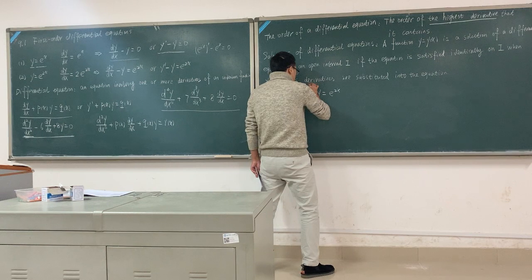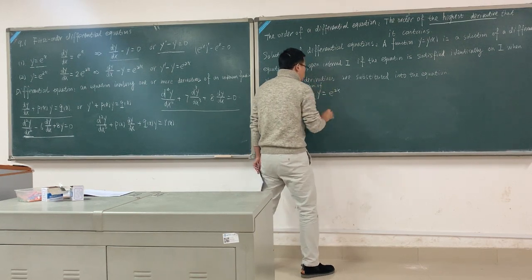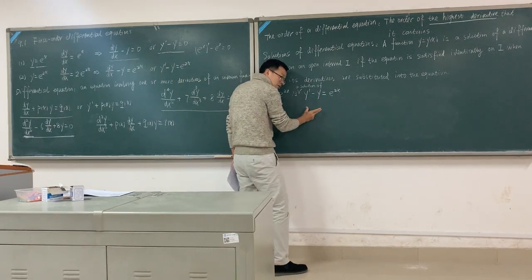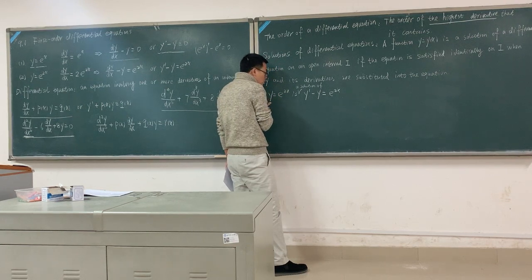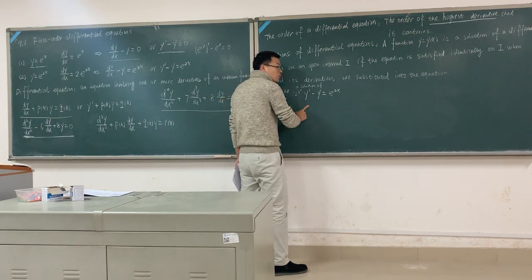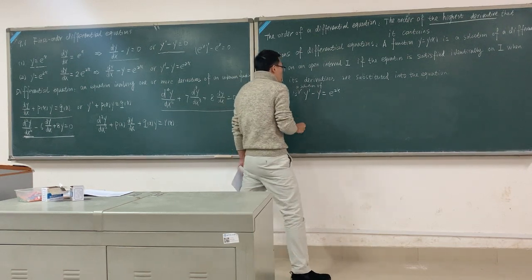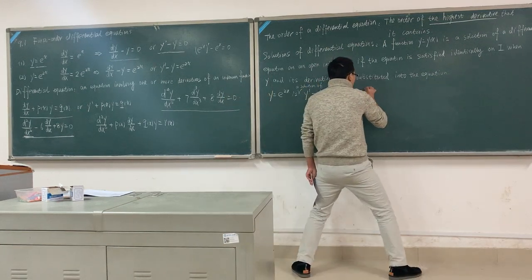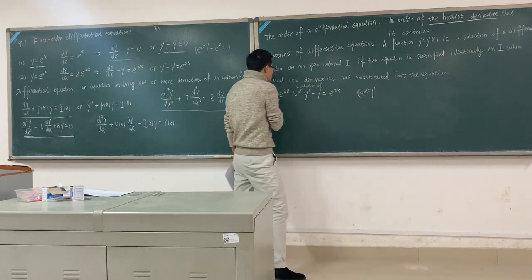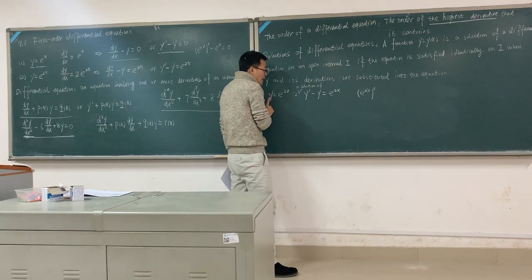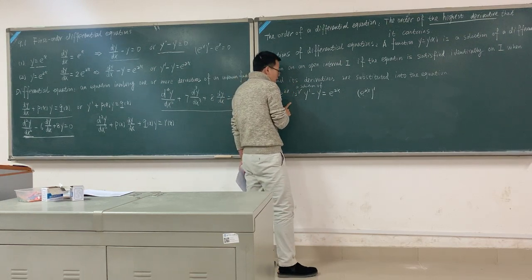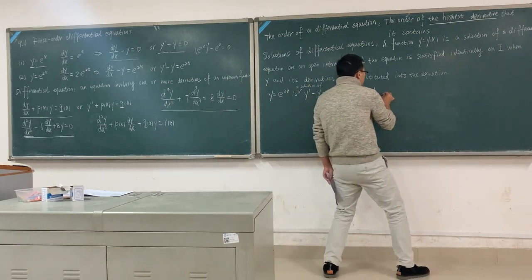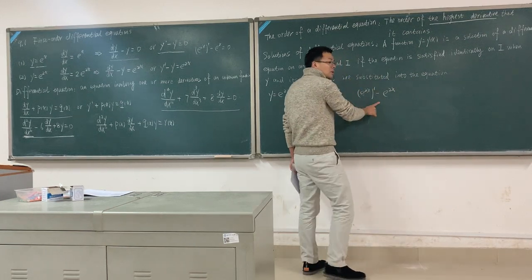We need to see whether this function is a solution or not, so we substitute this function into this equation. y prime is (e^(2x)) prime, and minus y is minus e^(2x). Now we need to compute it.